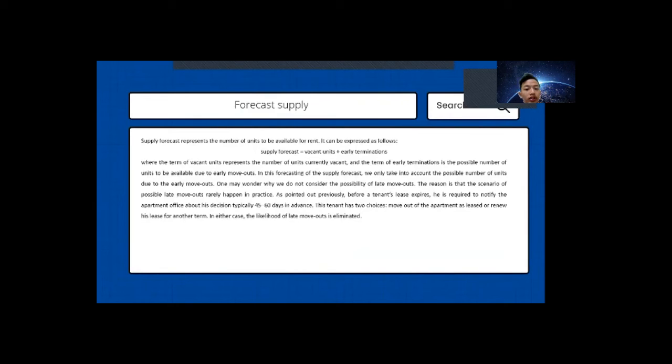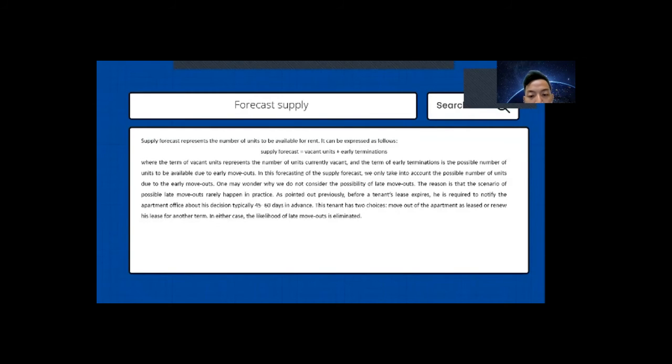In forecasting the supply, we only take into account the possible number of units due to early move-outs. One may wonder why we do not consider the possibility of late move-outs. The reason is that the scenario of possible late move-outs rarely happens in practice.